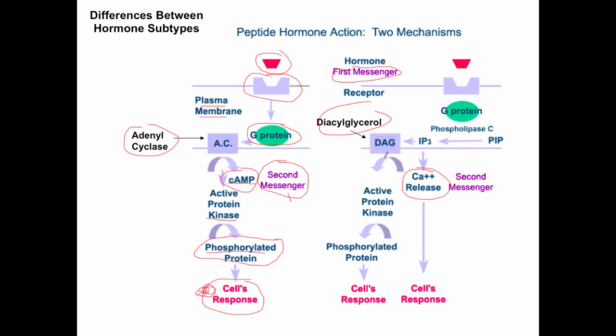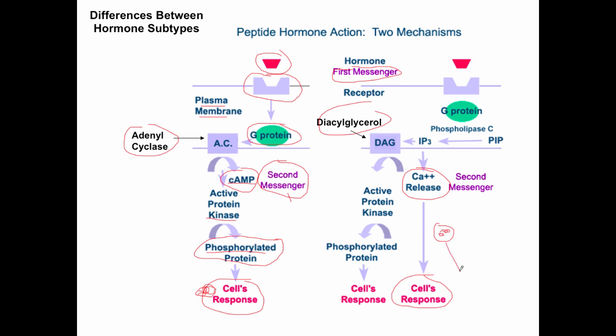Another variation on this second messenger system is when a hormone acts through a rise in intracellular calcium. Okay. Now, this rise in intracellular calcium can directly cause the cell's response. So let's say that rise in calcium is causing the exocytosis of vesicles of other hormone, right?